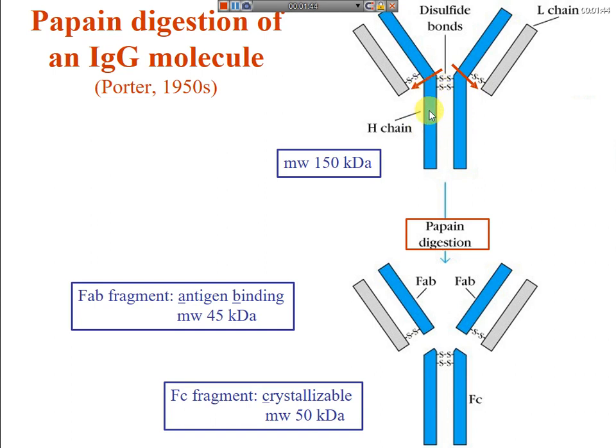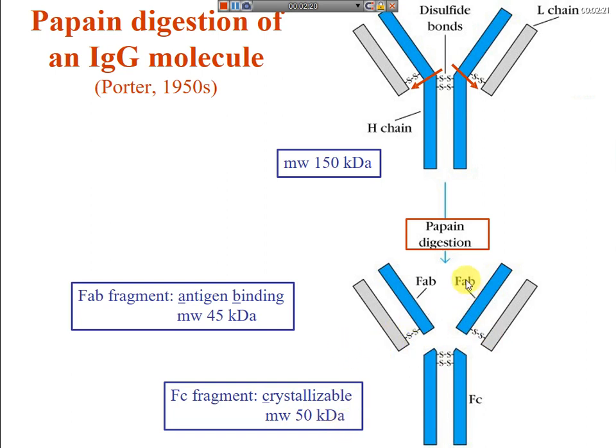And when you run the digested products, you will find only two bands corresponding to 45 kilodalton and 50 kilodalton molecular weight. When other studies were carried out to check which fragment, 45 kilodalton or 50 kilodalton, interacts with the antigens, it was found that only the 45 kilodalton fragment can interact with the antigen, not the 50 kilodalton fragment, right?